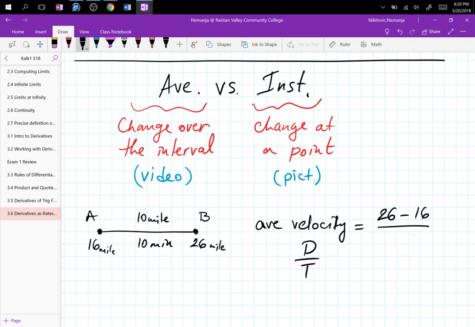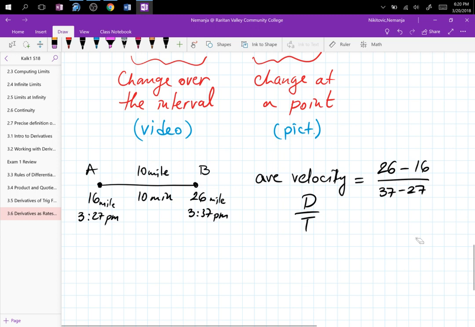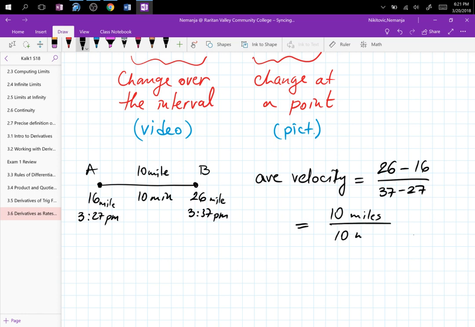And then let's say you left at 3:27 p.m. and you arrive at 3:37 p.m. So now the difference in time is 37 minus 27, which gives you 10 minutes. So now as you are computing this average velocity here, you are getting 10 miles over 10 minutes.